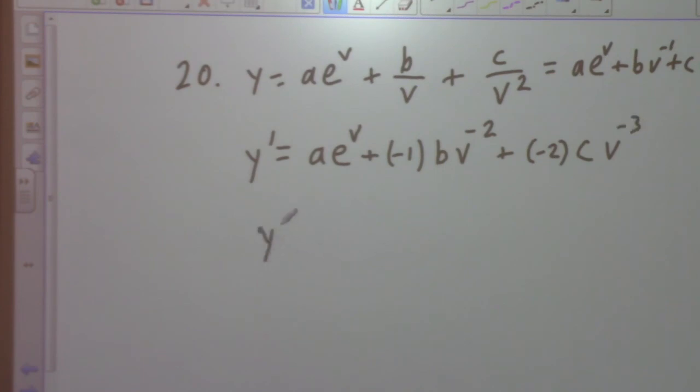So now we can just summarize here. Y prime is equal to a e to the v minus b over v squared minus 2c over v cubed. Does that look right?